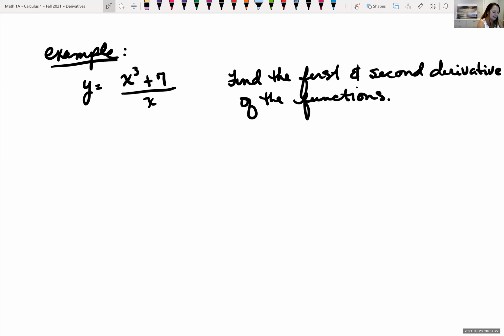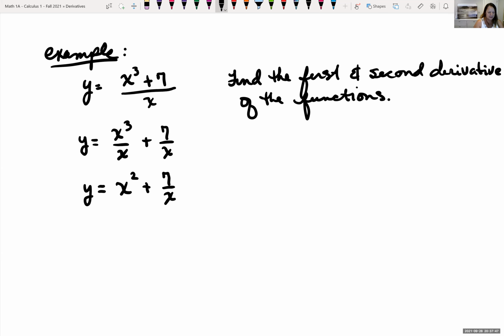If I did that, I could rewrite this as x cubed over x plus 7 over x. That first term reduces: x cubed over x is x squared, plus 7 over x.